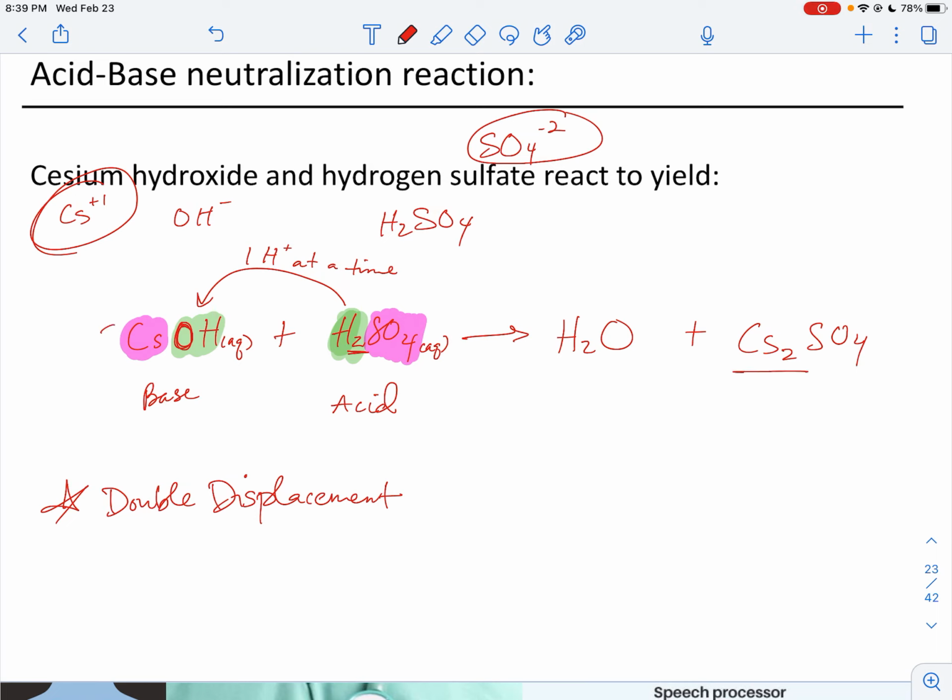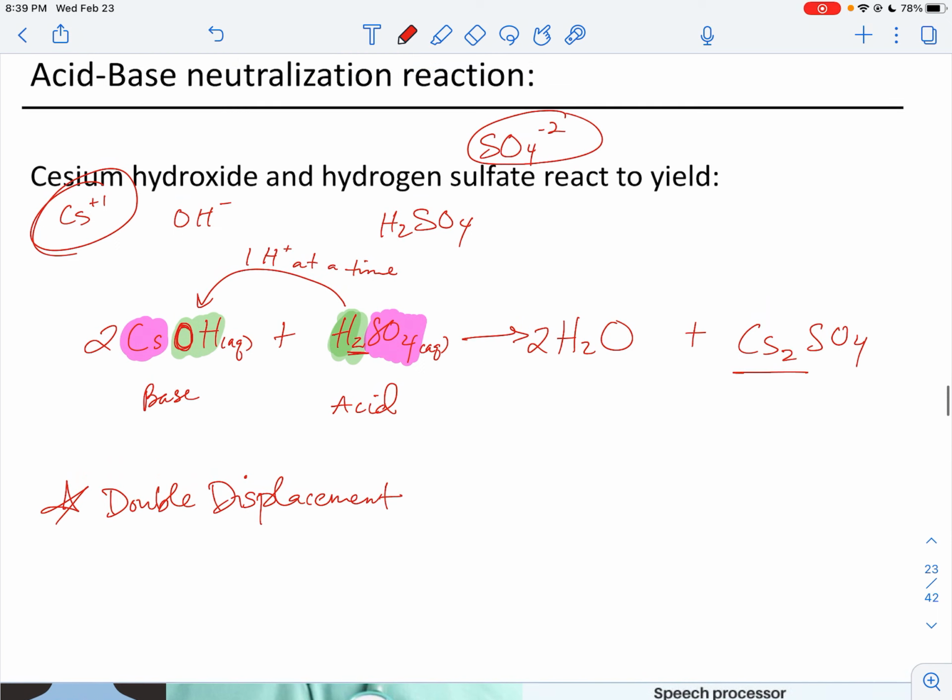So I've got 2 cesiums. So I'm going to come back and put 2 in front of cesium hydroxide, and then I'm going to need to put a 2 in front of water as well. And I think that's good. 4 hydrogens, 2 oxygens, 4 hydrogens, 2 oxygens. So, yeah. So that's the way you would write out that one.